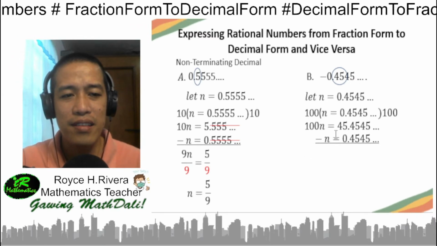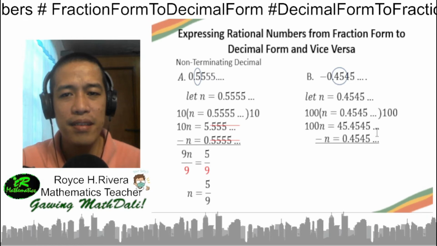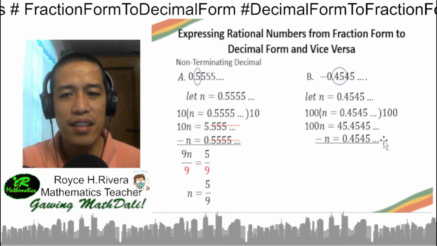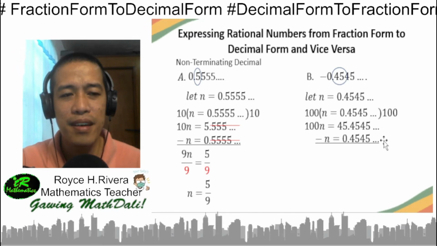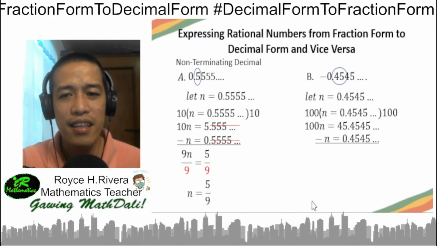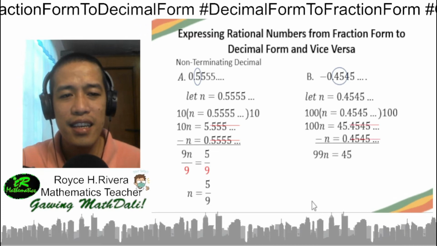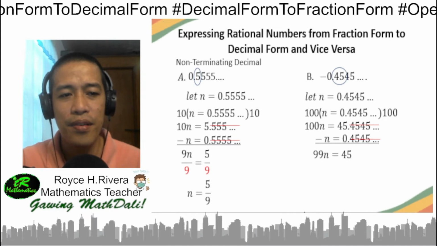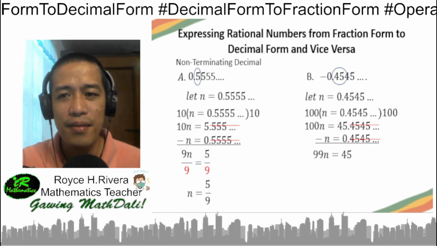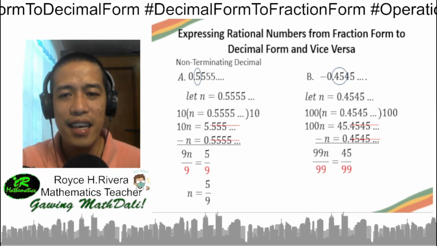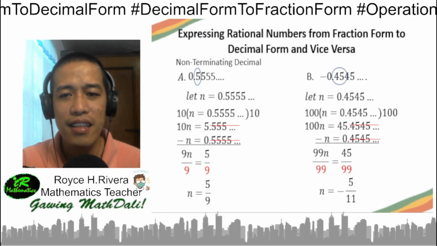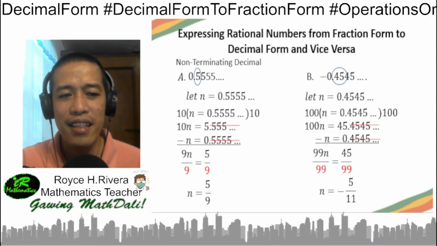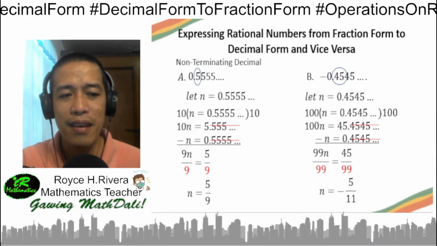100n equals 45.4545 minus n equals 0.454545. Then the difference is 99n equals 45. Dividing both sides by 99, we will obtain n is equal to -5 over 11.